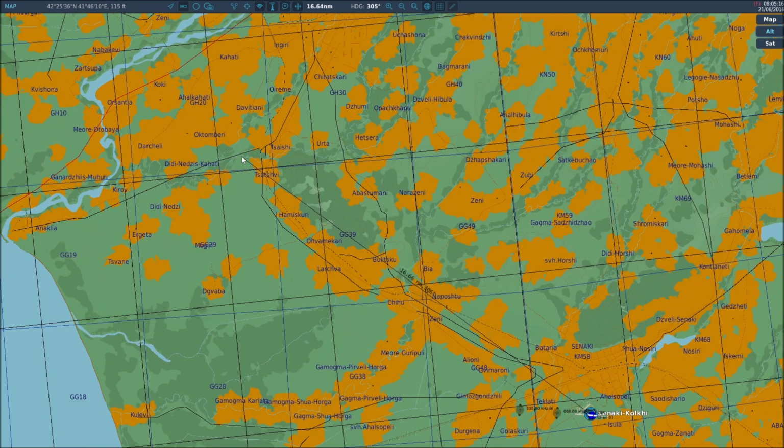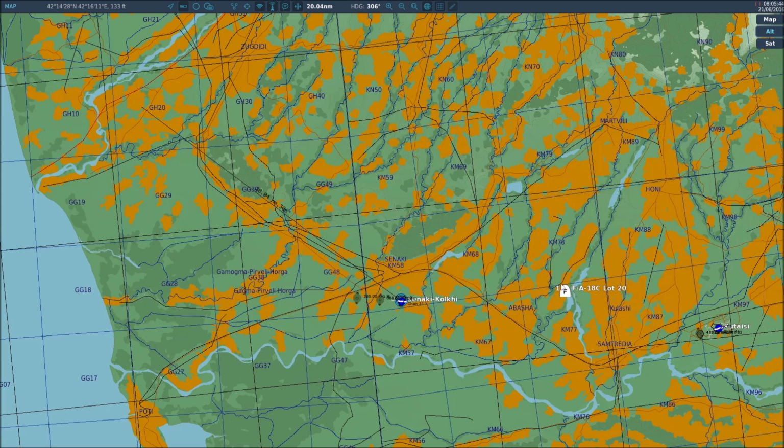So 300, 20 nautical miles is here. So if I know it's a little bit to the left of GH20, let's draw the solution here. Here says 293, and my initial solution was 290. Let's return to the cockpit.